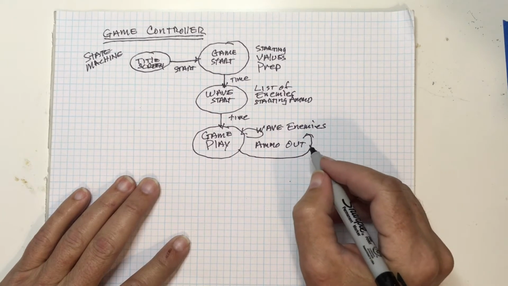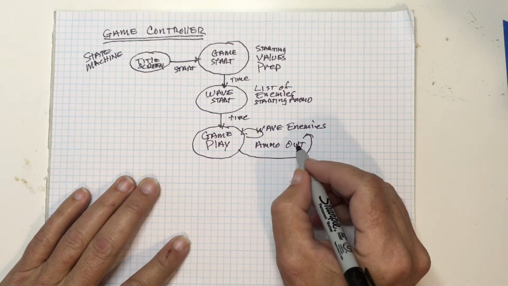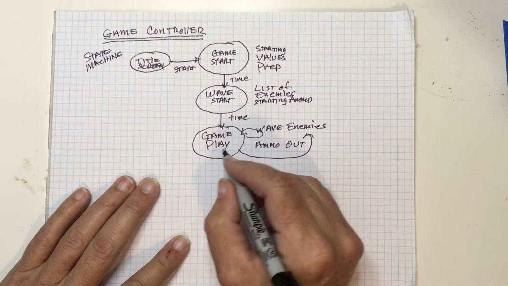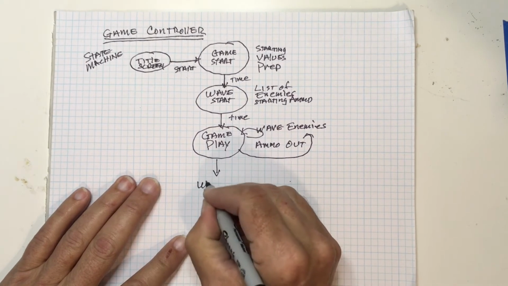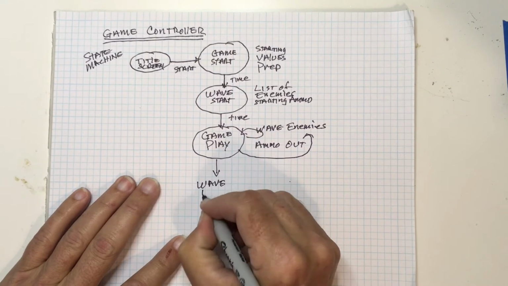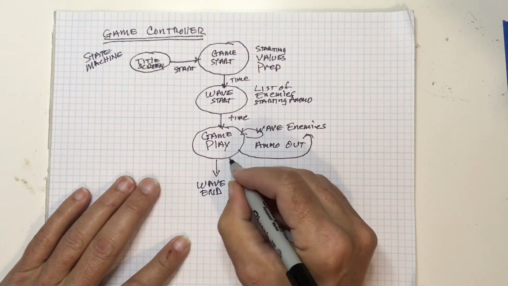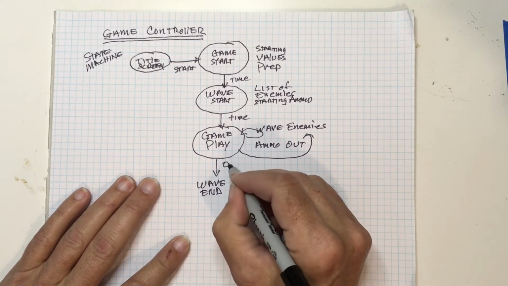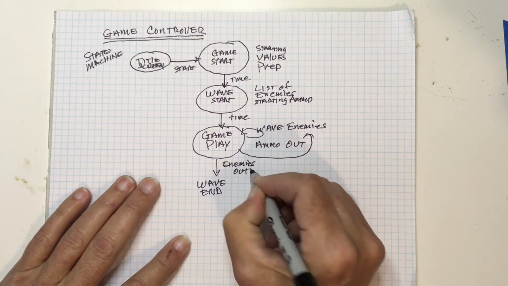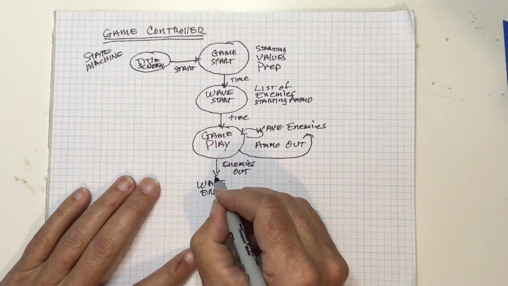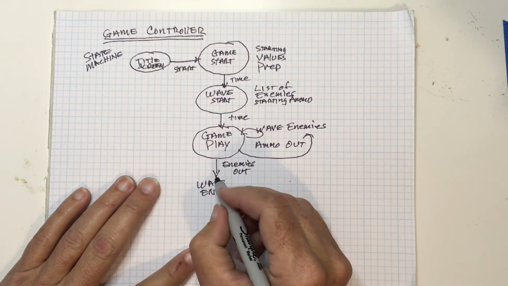So hurry up and finish the game. And then it goes back to the gameplay. The gameplay won't go to the next state, wave end, until all the enemies are out, that they have been destroyed or blown up or whatever.